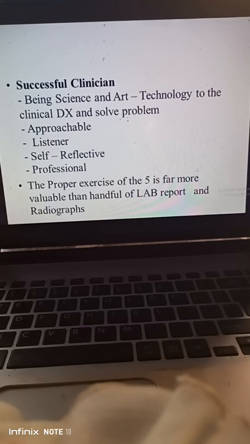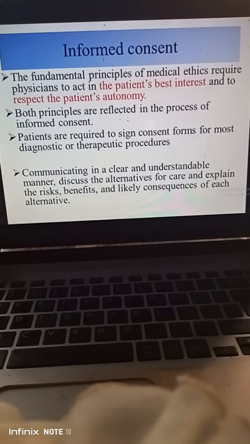The other thing is you need to be professional. Professionalism is very important for your career development. In any area of your practice you have to be a well equipped professional in terms of skills and knowledge. Having all these five things is far more important than having a handful of laboratory reports and radiographic examinations.